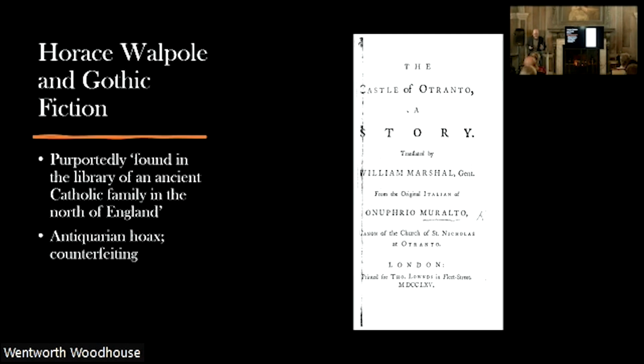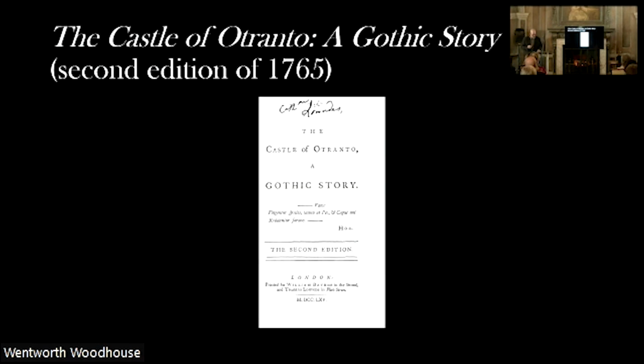Now, readers were initially taken in by Walpole's hoax, but in the second edition of 1765, he reveals the text's modern provenance. He discloses his authorial identity and he adds for the first time a Gothic story to the subtitle.